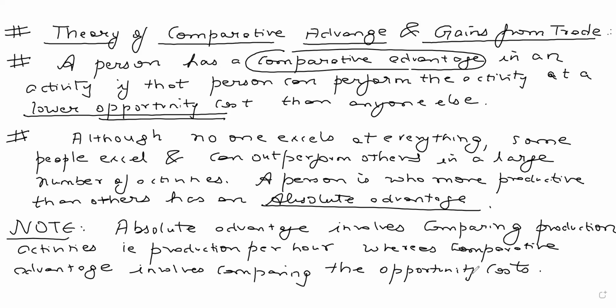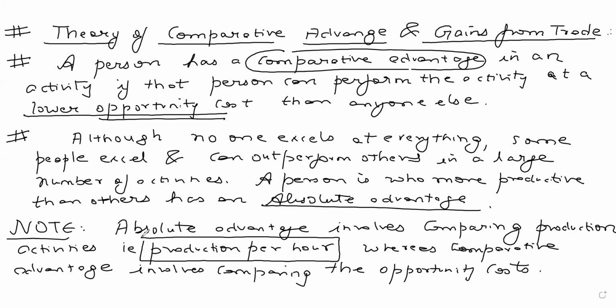When we talk about absolute advantage, what are we going to compare between two individuals? We compare the amount of production per hour. The individual who does higher production in an hour is said to have an absolute advantage. For example, suppose I can solve 10 economics questions in 1 hour and my friend can only solve 8 questions in 1 hour.